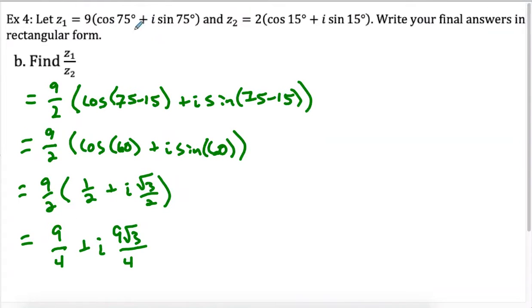If I wanted to divide, I could first convert these into rectangular form, and then I would have that first complex number divided by that second complex number, and this is what we would end up with. So this is just a different way of multiplying and dividing complex numbers. We can convert them into polar form and use this. And a lot of times this method would be shorter than trying to divide like this.